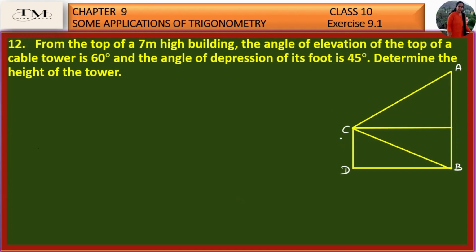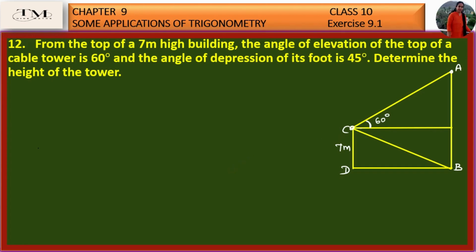Now from the top of a 7-meter high building. So this building height is 7 meter. From the top of a 7-meter high building, the angle of elevation of the top of a cable tower. So top of a cable tower, angle of elevation. So horizontal line is here. It will be below the angle of elevation. So its angle of elevation is 60 degree.